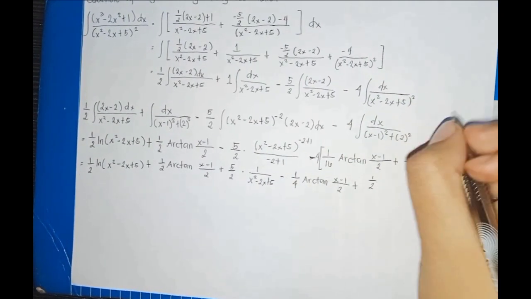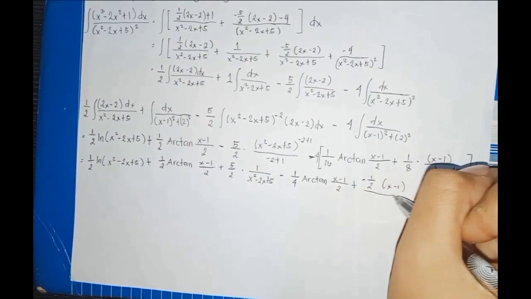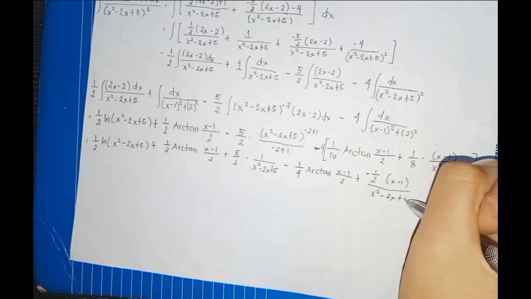We have negative 1/2 times x plus 1 over x squared minus 2x plus 5.